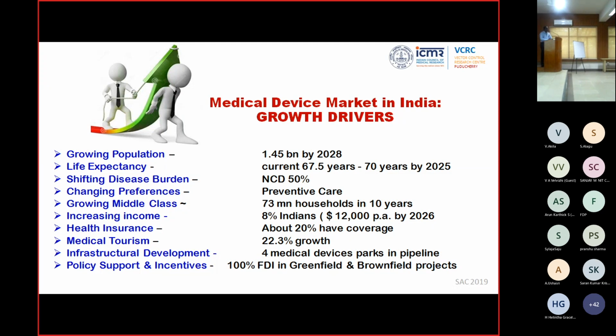So there is a huge demand in this sector of non-communicable diseases, and the income is also going up, and people are getting disposable income. So in another couple of years, around 8% of the population is likely to have an annual income of $12,000 per year. Next slide, please.